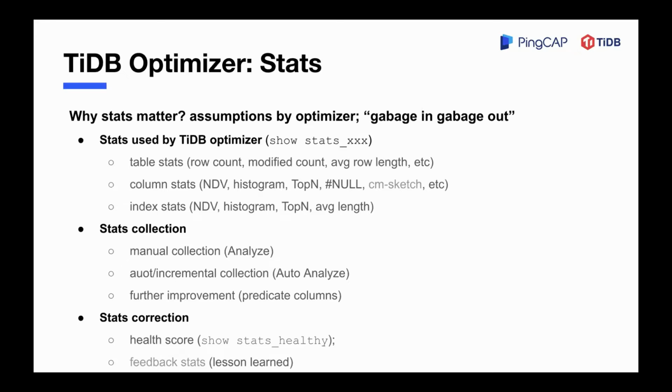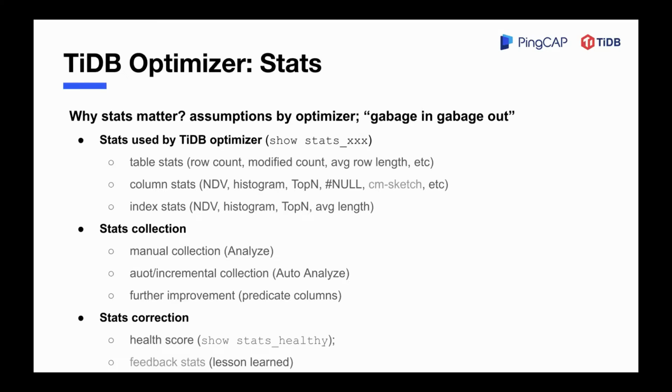Also, as I mentioned, as time goes on, the stats can become out of date. So how does a user know that the stats are out of date? We provide the show stats healthy command to show whether your stats are out of date.